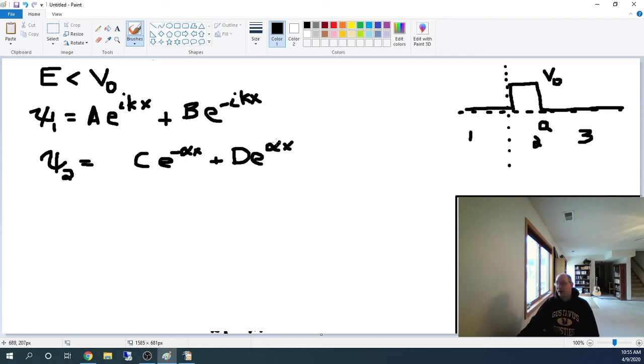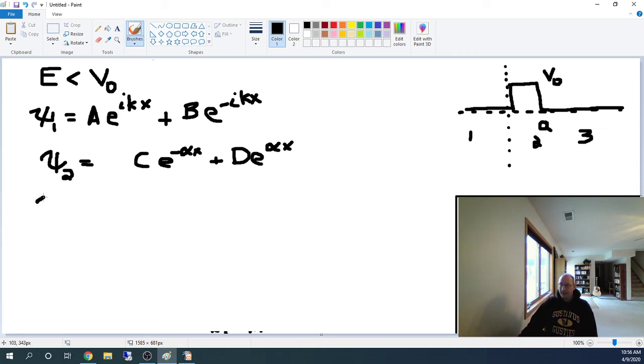It never has a chance to grow arbitrarily large because x is limited to being between 0 and a in region 2. So we have to keep D. We can't throw it away. So it's a mixture of those two. And alpha now is the square root of 2m(V0 minus E) over h bar squared. That's guaranteed to be a positive number because E is less than V0.